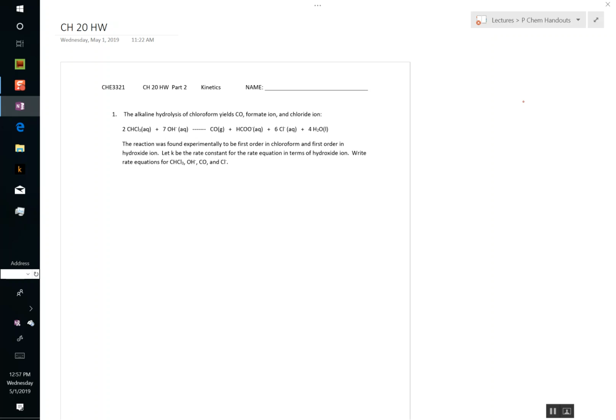And this is saying let K be the rate constant for the rate of the reaction of the hydroxide ion. In kinetics you do need to refer to what you are talking about. What rate are you talking about?